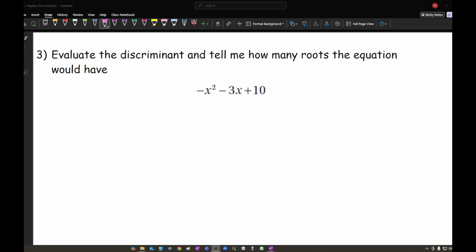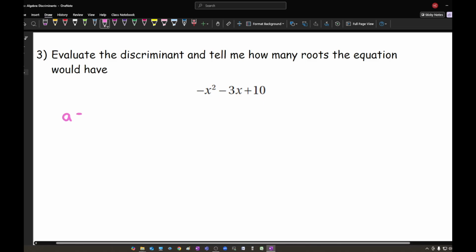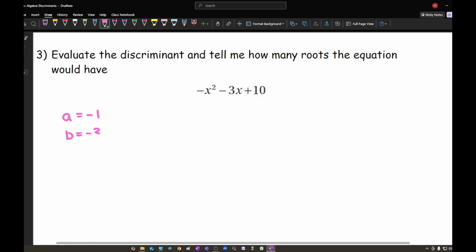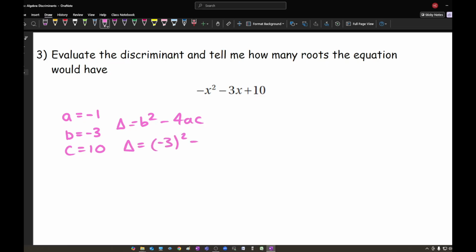Moving on to our third example. So here again we have a equals -1, b equals -3, and c equals +10. So b squared minus 4ac is going to equal -3 squared minus 4 times -1 times 10.